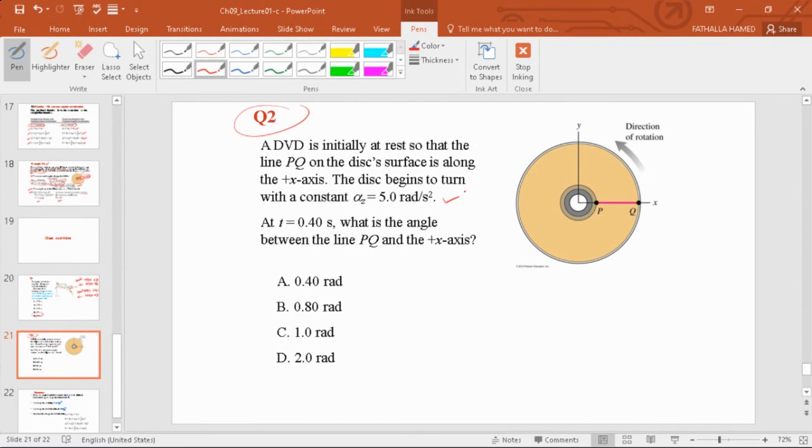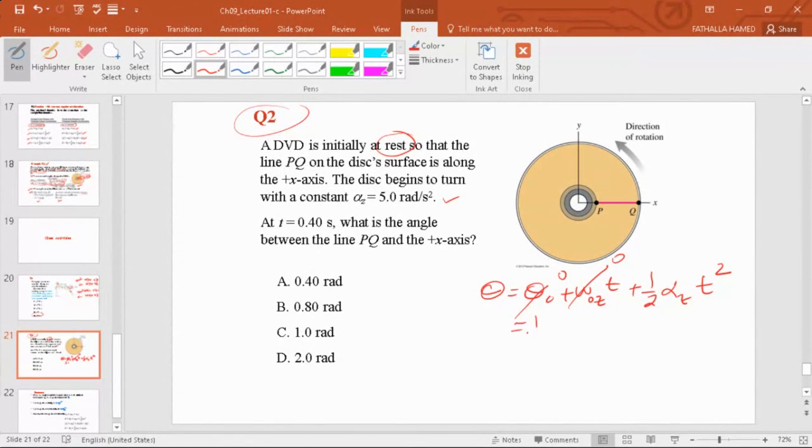Like what we did in the example, you're going to say that theta equals theta naught plus omega 0z t plus 1/2 alpha z t squared. You can take theta 0 to be 0. They told you you're starting from rest, so this one will go to 0. So you have 1/2 alpha z t squared.